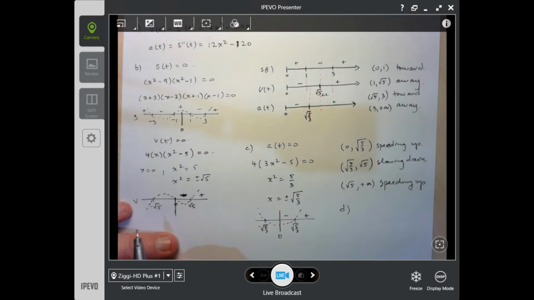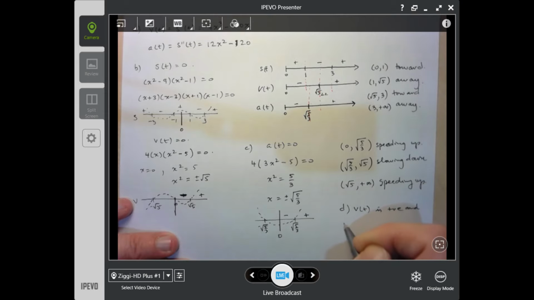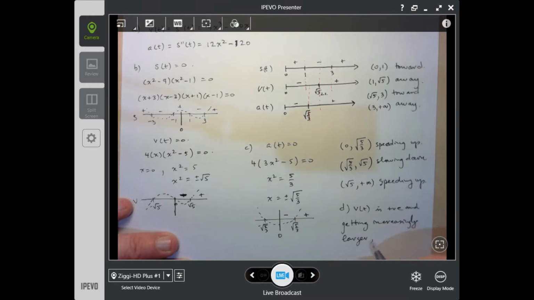Okay, so here velocity is going to be positive and getting increasingly larger. In other words, v of t is going to be approaching positive infinity.